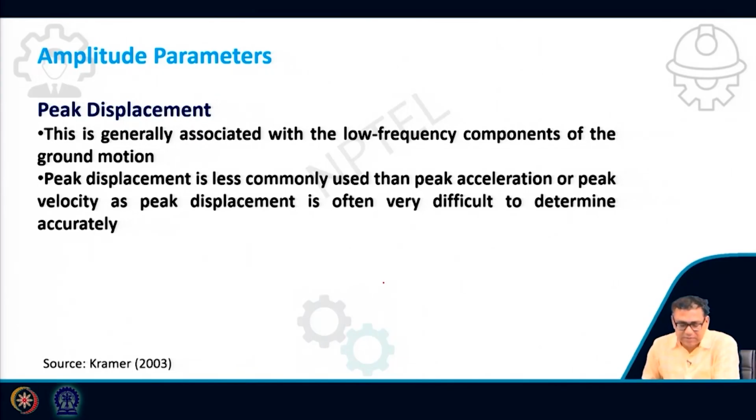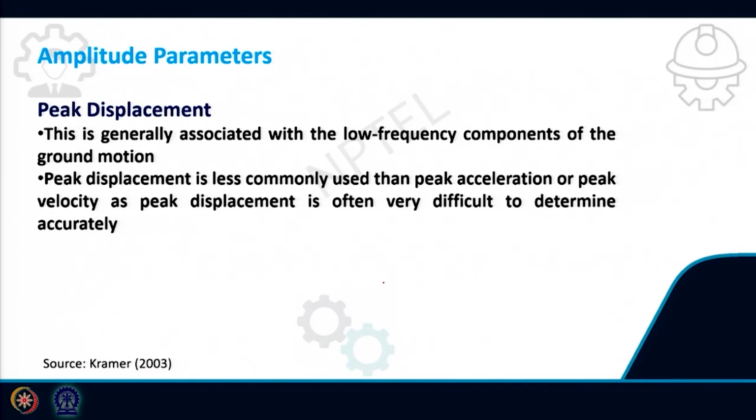The peak displacement is less commonly used than peak acceleration or peak velocity, as peak displacement is often very difficult to determine accurately. That is why it is less commonly used than peak acceleration or peak velocity. Generally peak acceleration or peak velocity is used, as displacement is difficult to measure. So if I summarize: if it is the high frequency zone, then your PHA is more sensitive.